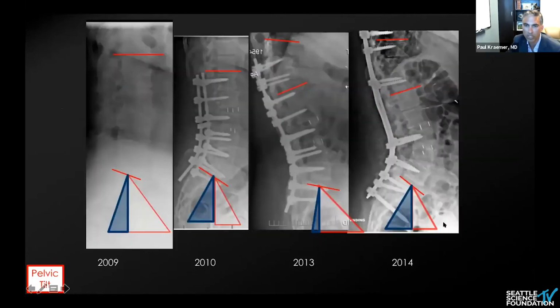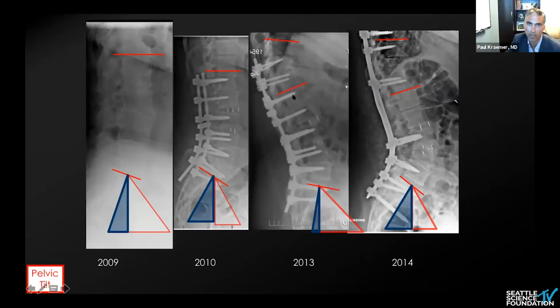A couple more words on pelvic tilt. This is a lady that I did really early in my career, and she had a pretty substantial coronal curve, which we made a lot better, but I made the amateur deformity surgeon mistake of losing sight of the sagittal alignment while getting great coronal alignment. And while she's better, she's not great.